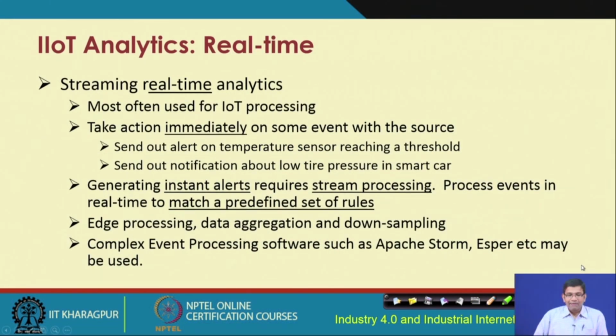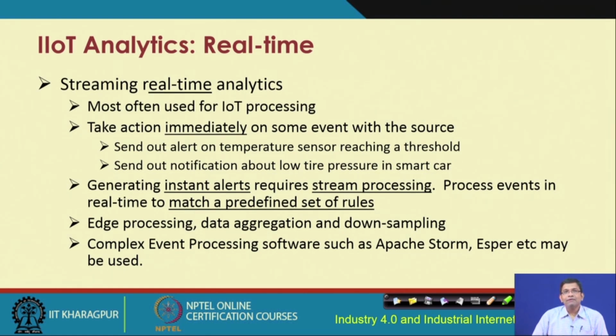Analytics will have to be done in real time. We have machines sending data, streaming data in real time. So, these streams of data will have to be processed and actions will have to be taken immediately, as close as possible to the source of the data, because based on that useful alerts can be sent.